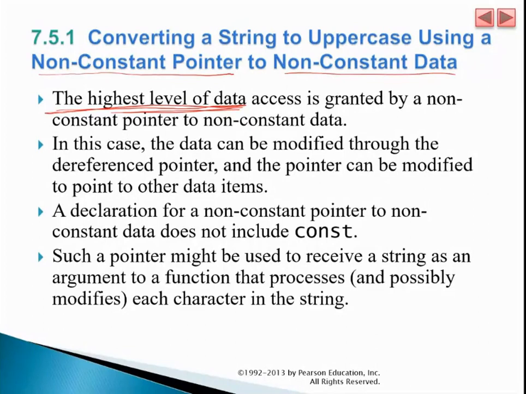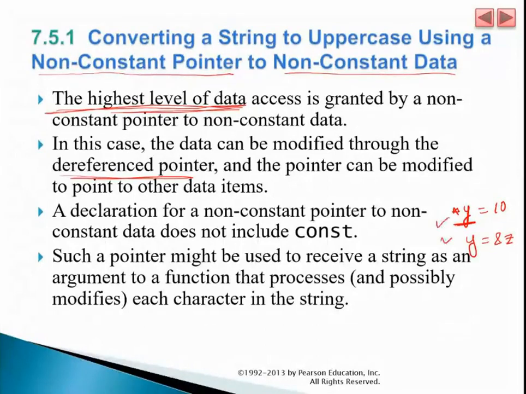Now, in this case, the data can be modified through dereferencing the pointer. You can just go to *y and change the value, say 10. It will actually change the value of x where y is pointing. Even you can modify the pointer and say that now y should not point to x, now you start pointing to z.